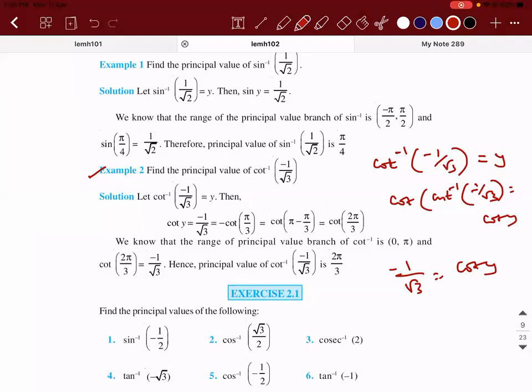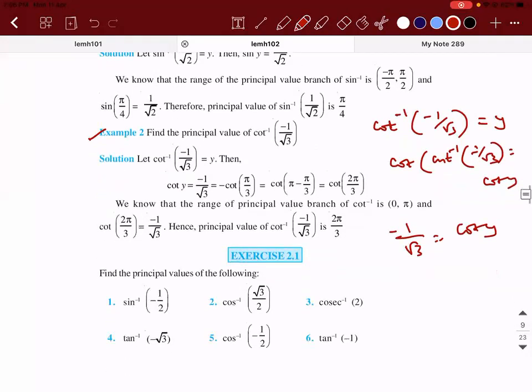So had this been a positive value, what value of cot will give you 1 by √3 for the first time? Pi by 3, right? So can I write it as cot of pi minus pi by 3? Why did I write it as pi minus pi by 3? Because I understood that the negative value is telling me that it is happening only in the second quadrant.